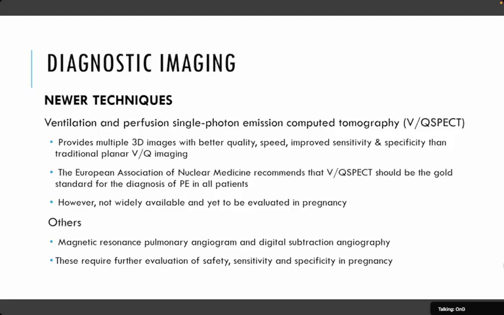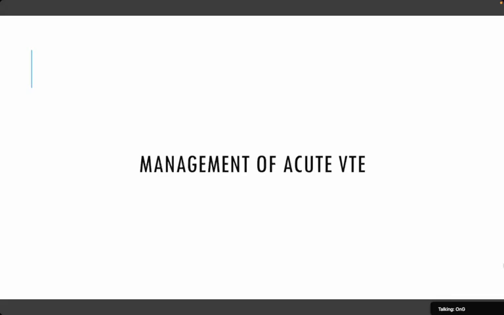However, it hasn't been fully evaluated in pregnancy, and it's not widely available. Other tests include MRI of the pulmonary vasculature, but like the one above, this still requires further evaluation for safety in pregnancy.